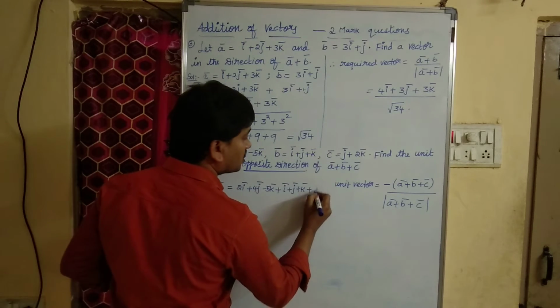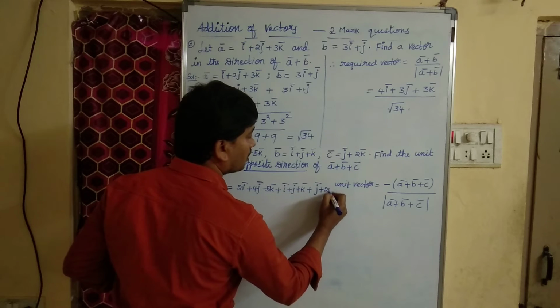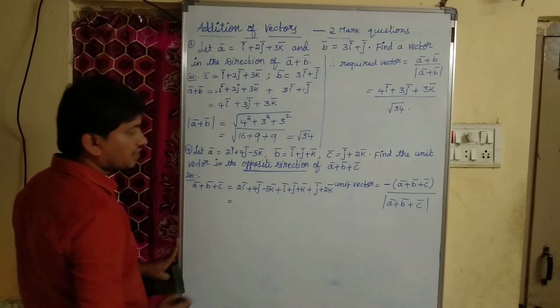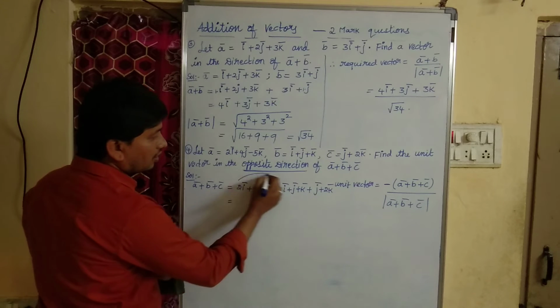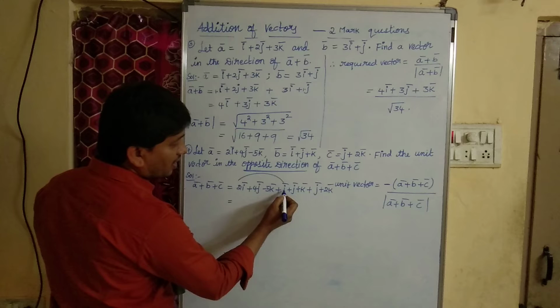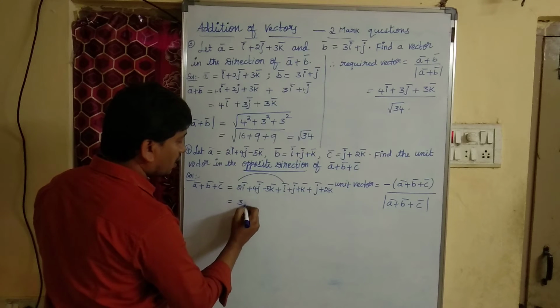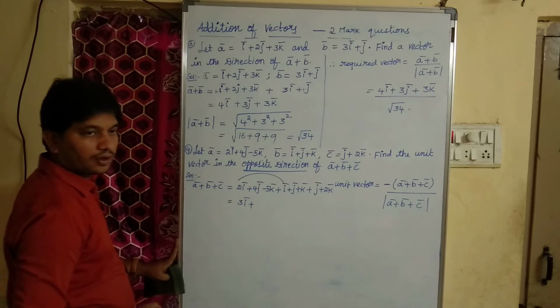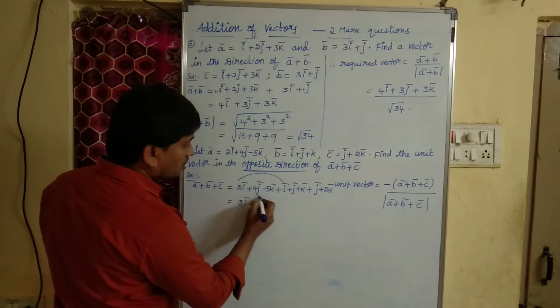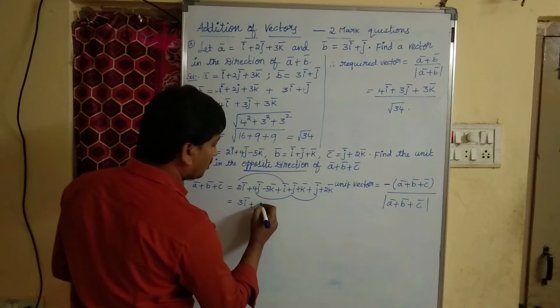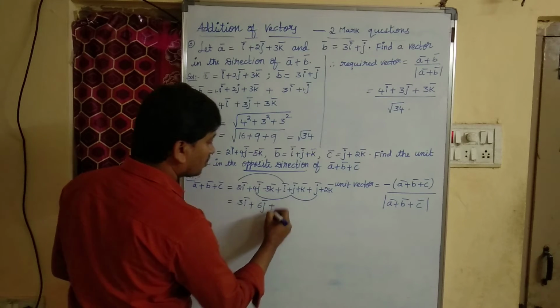C bar is J bar plus 2K bar. Right? We need to add first I coefficient. Here 2I bar plus 1I bar, so 2I bar plus 1I bar, that is equal to 3I bar. Here 4J bar plus J bar, 5J bar, 5J bar plus J bar, 6J bar.